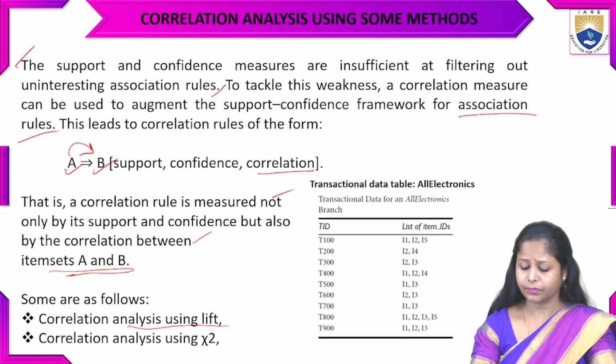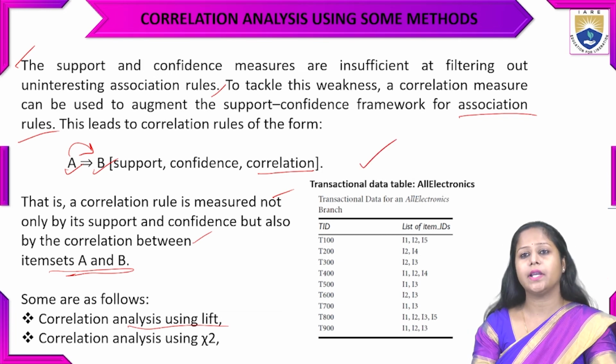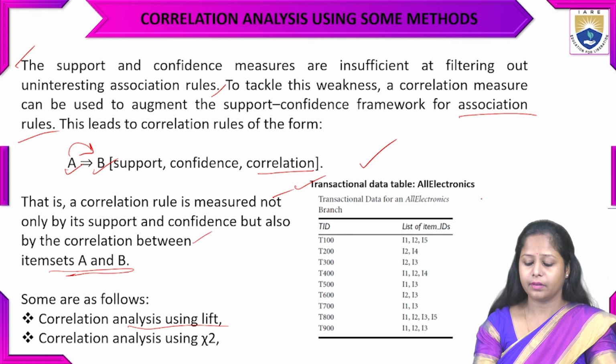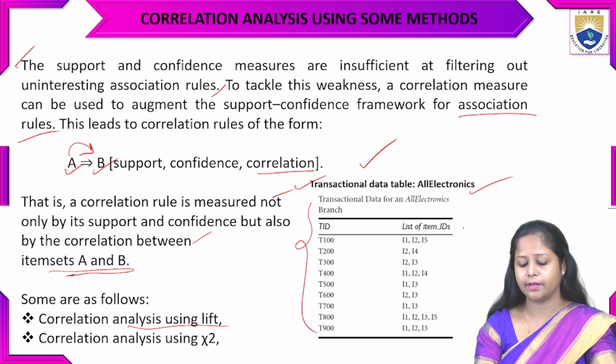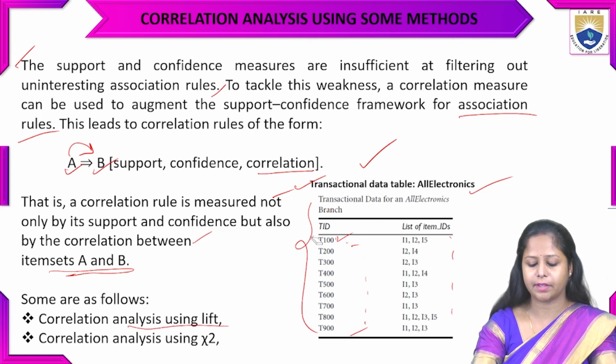For the same example, we need the same table, the transactional data of AllElectronics, having the transaction ID and list of item IDs, T100 up to T900, and the list of item IDs respectively.